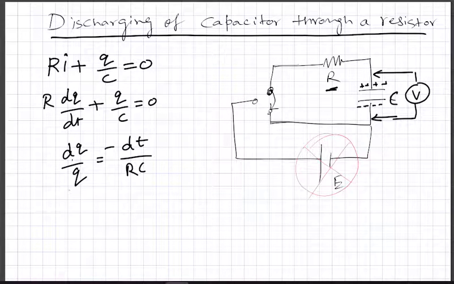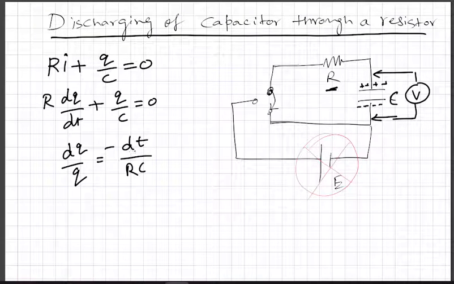Now, dQ is the charge in time dt. dQ is the amount of charge that is increased or decreased. While charging, charge was increasing. Now it is discharging, therefore the charge is decreasing.